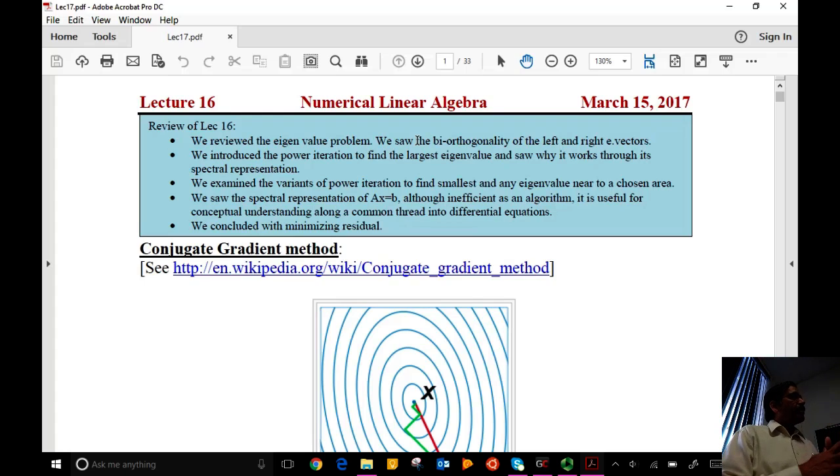That's going to form the basis for one of the most powerful methods that you will find in COMSOL and a number of other large packages that solve millions of equations, because for a very large system, this turns out to be the most effective method.